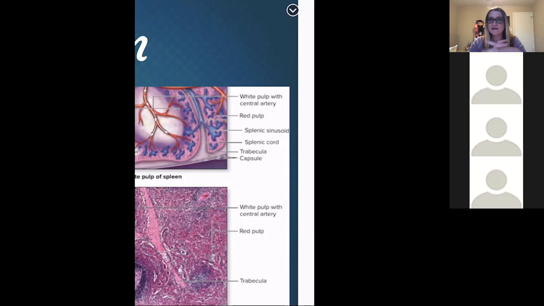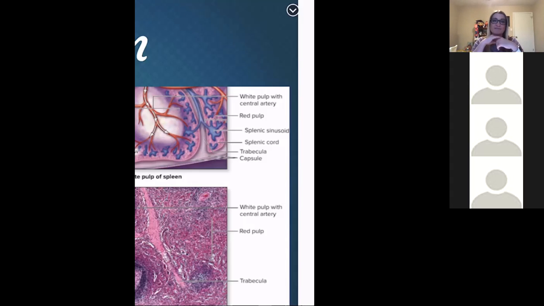So let's talk about the spleen in general. The spleen is our largest lymphatic organ. If I have some organs or structures and I ask you which one is not a lymphatic structure, don't pick spleen. I used to have this on the lab quiz, with a bunch of structures.